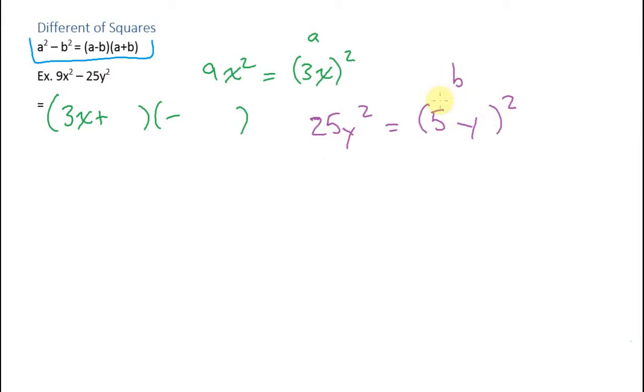So that's the value for b. So plus b, plus 5y, and minus b. And we're done. We're done factoring this difference of squares question.